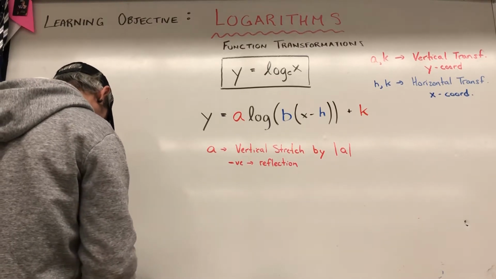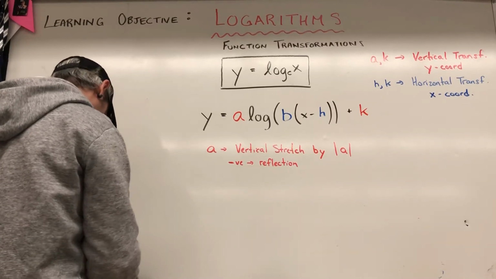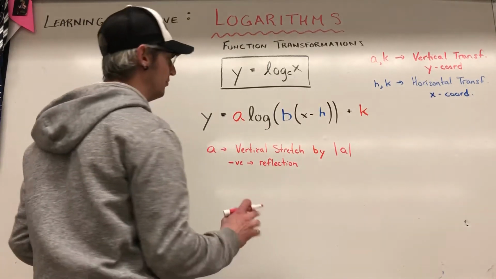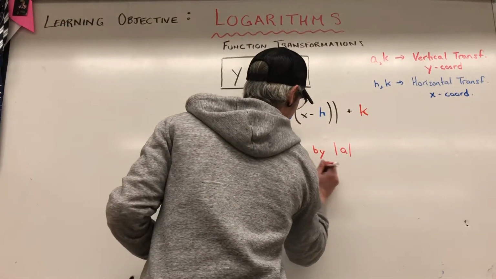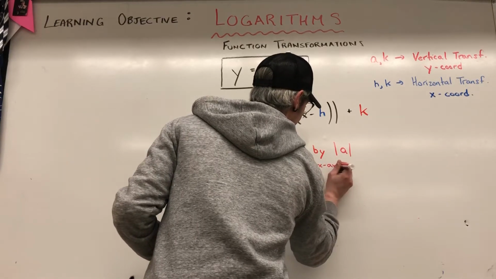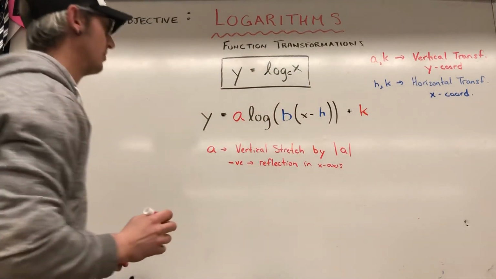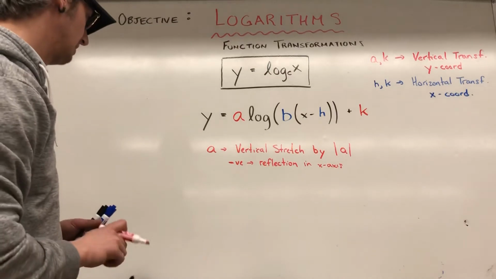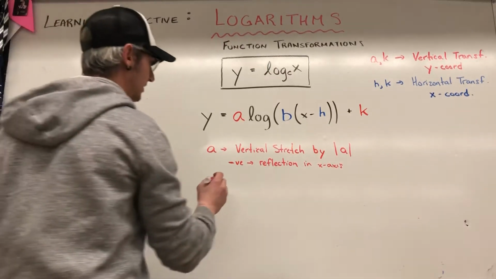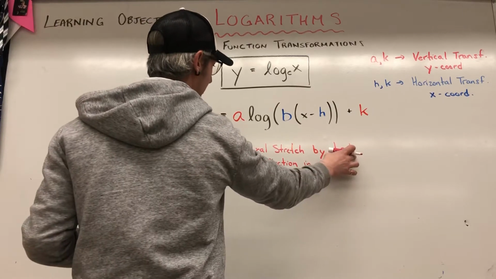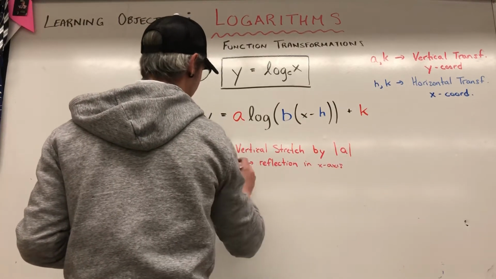I'm just going to make sure. Okay, yeah, it is a reflection in the x-axis. I wanted to make sure it wasn't reflected in y is equal to x. Reflection in the x-axis, if it's negative, and if the absolute value of A is any number bigger than 1, it's going to be a stretch.